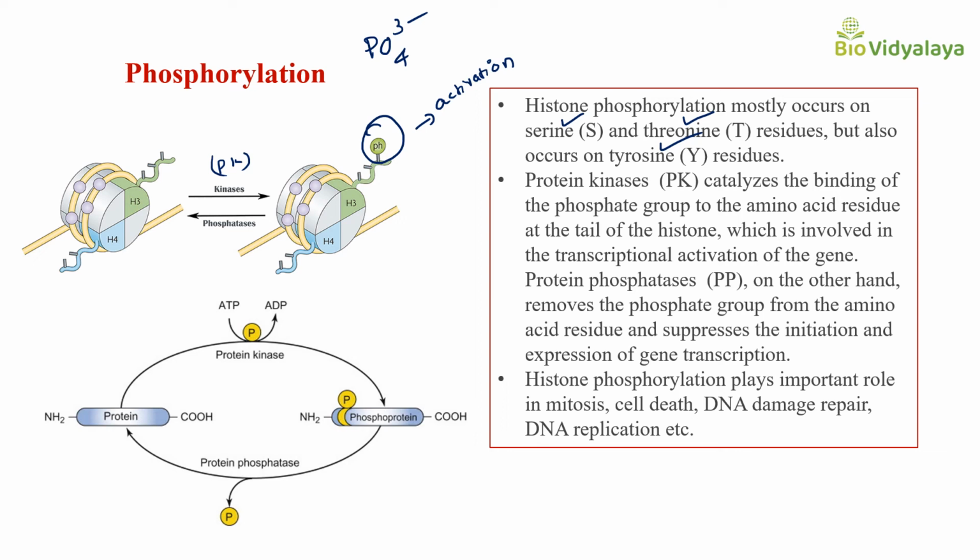Okay. While dephosphorylation, that means removal of phosphate, will lead to gene suppression. That means repression of the gene. So which enzyme is removing phosphate group? Phosphatases. Phosphatases remove phosphate group and this will lead to a repression of the gene.